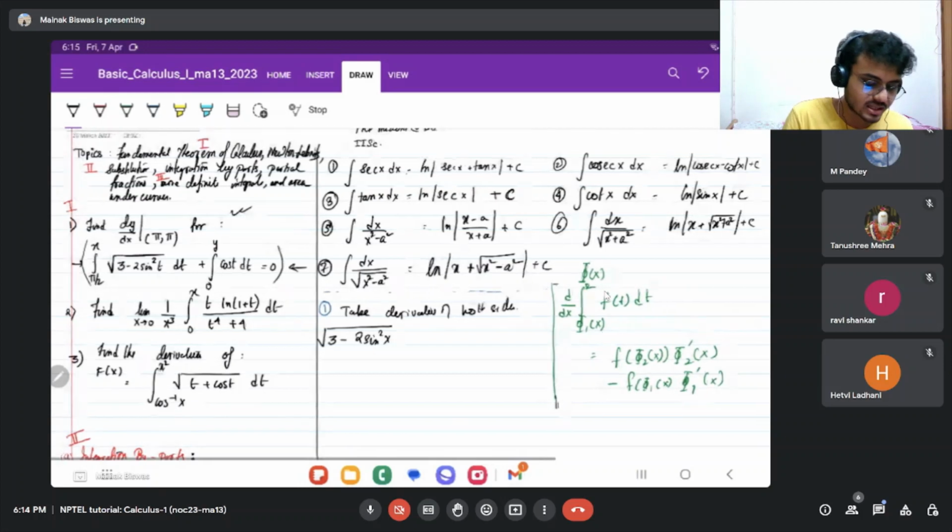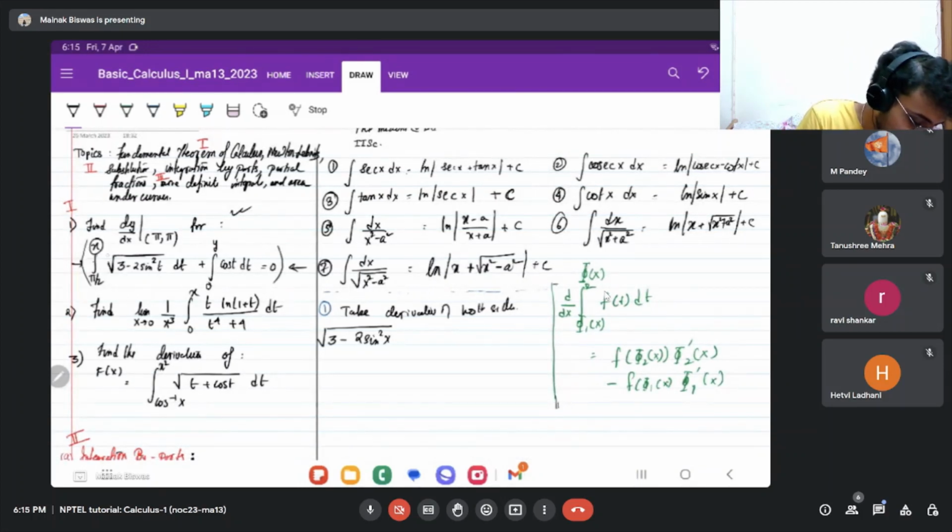You just put x, the top function, in the place of t, which is the variable with which you are solving the integral, and then you take the derivative of, I'll just underline it for the first, because this is the first time we are applying this theorem, d/dx plus, you will be putting cos of y. So now what will we do? So I'll just draw.